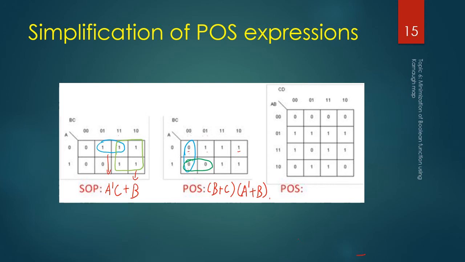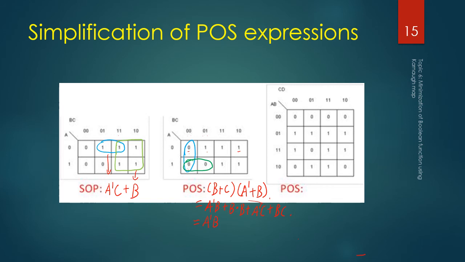And if we do some transformation on the result we got here, say first we open the parentheses, we get A prime B, or B and B, or A prime C, or B C. And apply the laws we learned before.